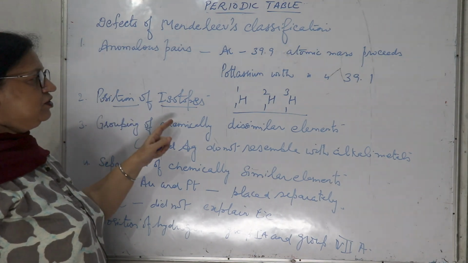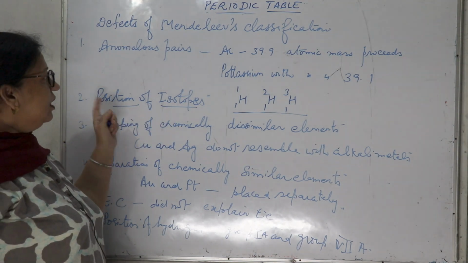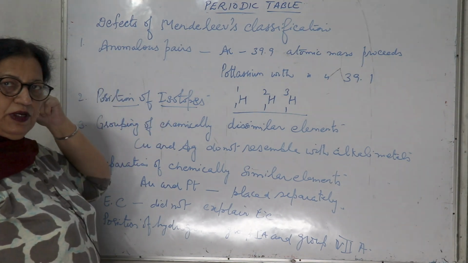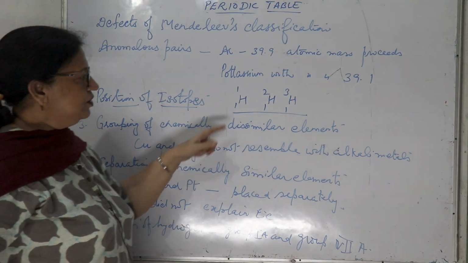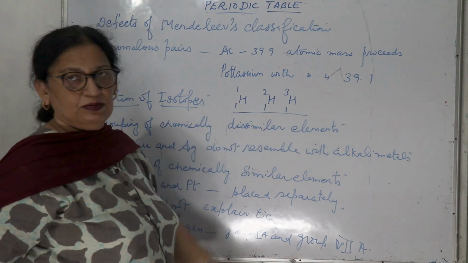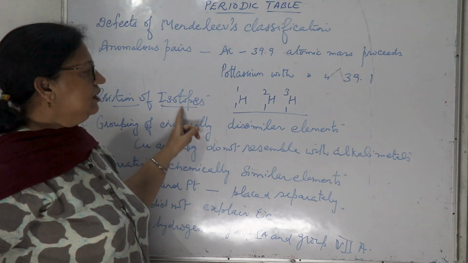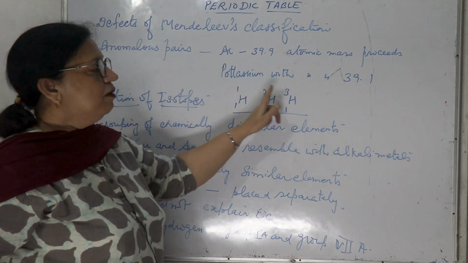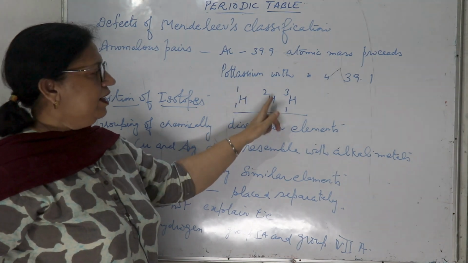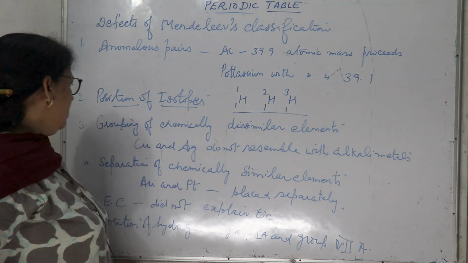So position of isotopes was a defect of Mendeleev's periodic table. The number of isotopes known for a particular element should be given different positions because the table is based on atomic mass and isotopes have different atomic mass.